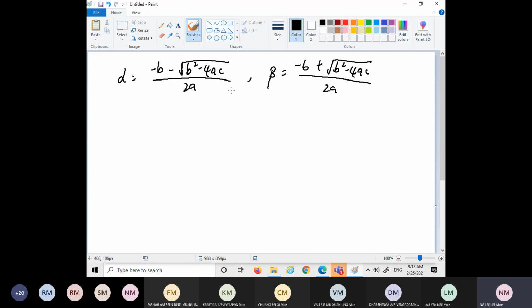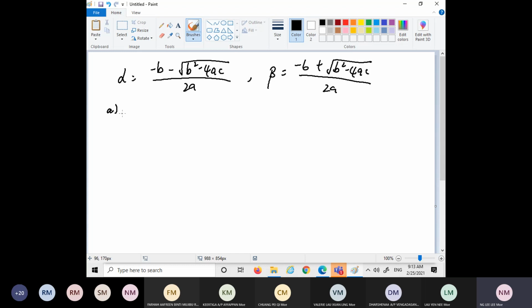Actually, either one can be set as beta. It doesn't matter, because alpha plus beta is the same as beta plus alpha, and alpha times beta is the same as beta times alpha. It doesn't matter which one you set as beta and which as alpha.